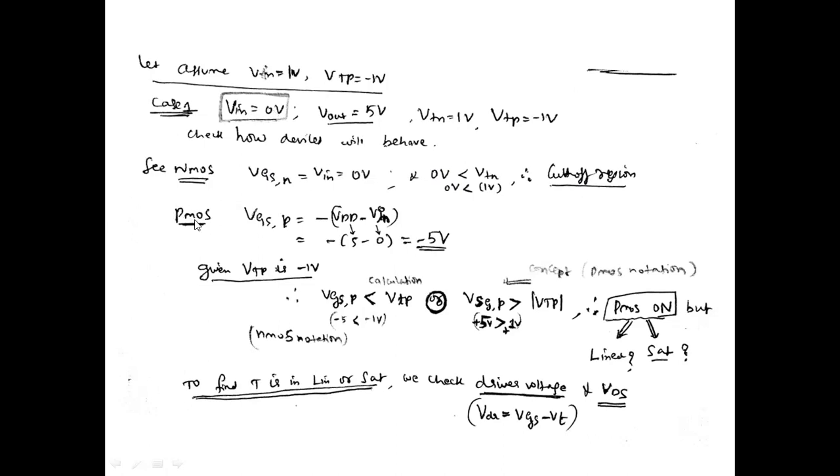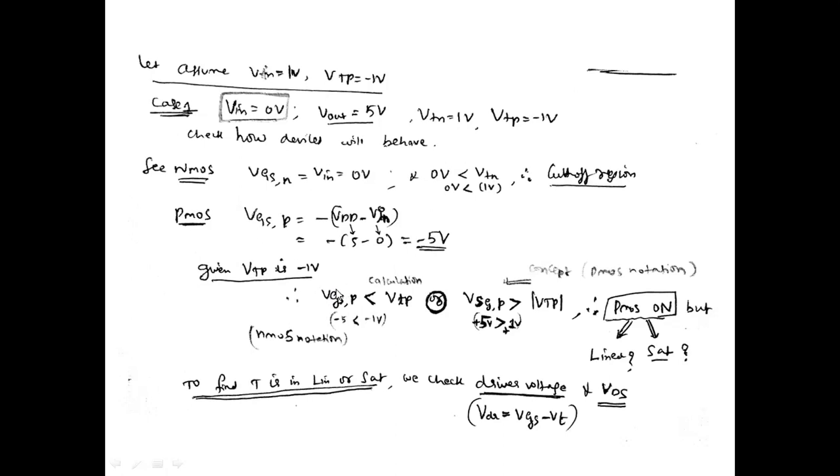If you look at this PMOS, the input voltage for the PMOS is VGS,P, which is given by minus of VDD minus Vin, where VDD is 5 volts and Vin is equal to 0. Hence, my PMOS has its input voltage as minus 5 volts. We know the threshold voltage of the PMOS, VTP, is equal to minus 1 volt.